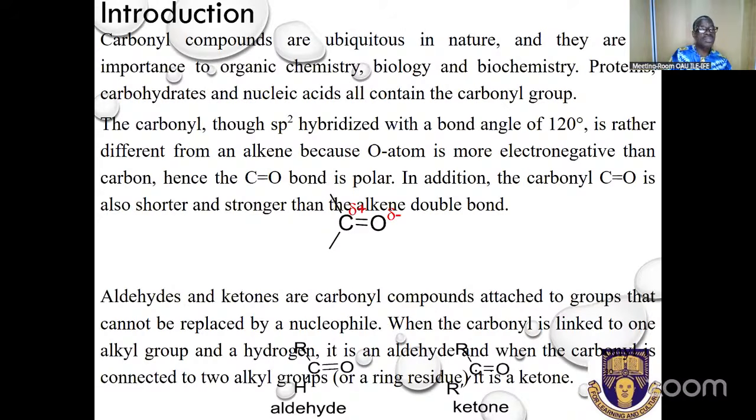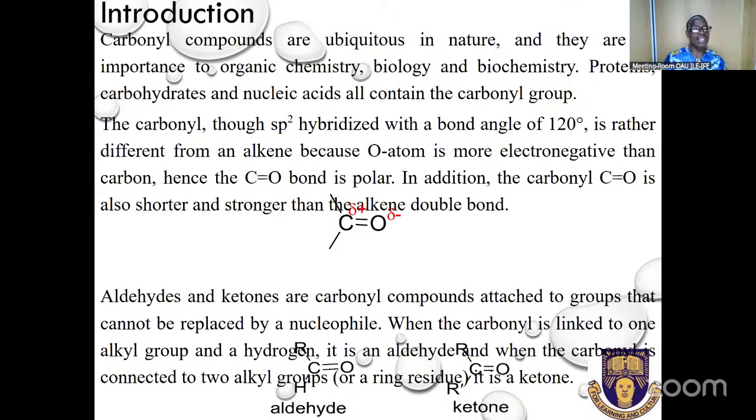Why? Because most proteins, carbohydrates, and nucleic acids all contain the carbonyl group. And when you are talking of carbonyl group, you are talking about aldehydes and ketones. That is, carbonyl compounds can be divided into 2: the aldehydic group and the ketonic group, or the ketone.